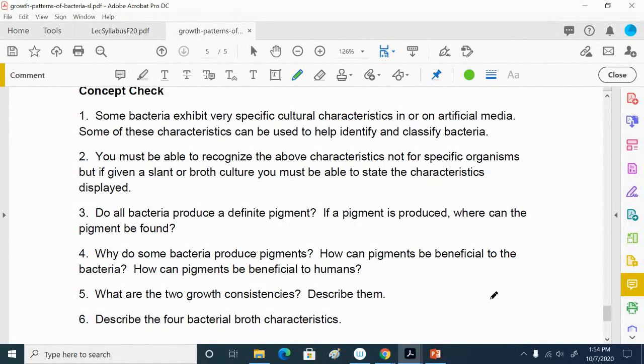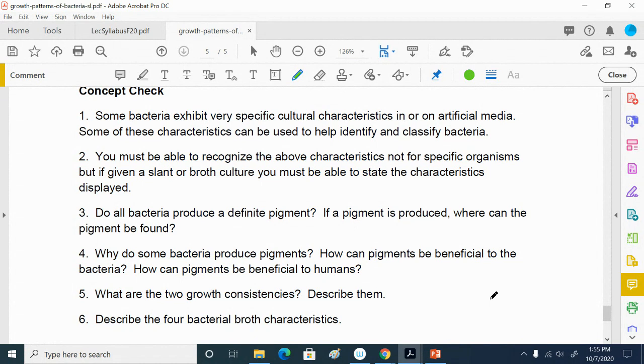It could be for photosynthesis. It could be for what, Craig? Photosynthesis. Right, for photosynthesis. It could be for protection, right, from UV, from predators, antioxidants. So there are reasons why the bacteria actually make the pigments.